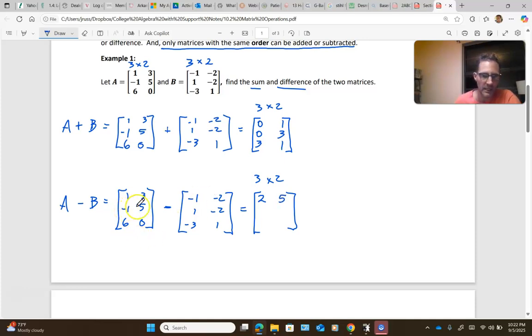Then we've got negative 1 minus 1, that'll be negative 2. 5 minus negative 2, same as 5 plus 2, which is 7. 6 minus negative 3 is going to be 9. Check these in your calculator if you need to. And then 0 minus 1, that will be negative 1. So those are our two results.